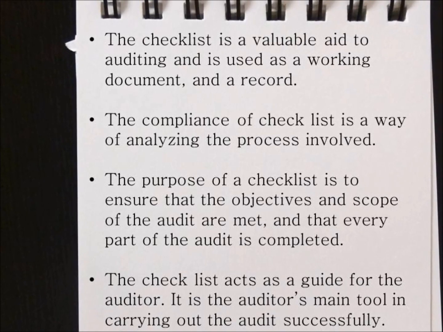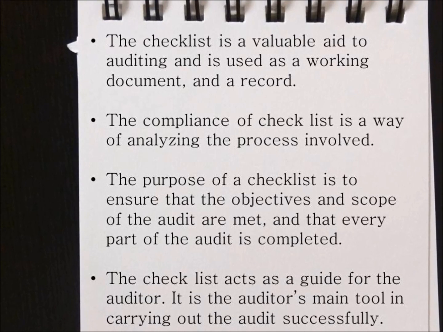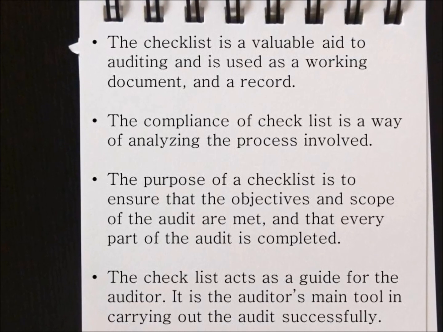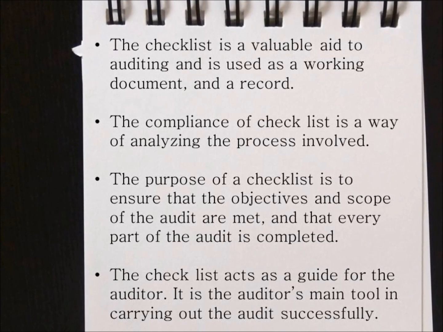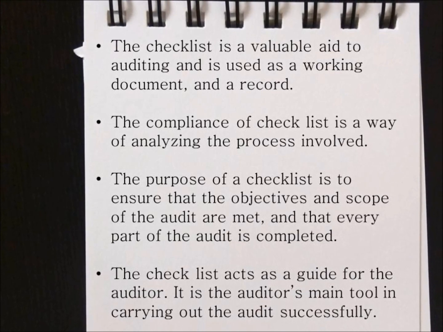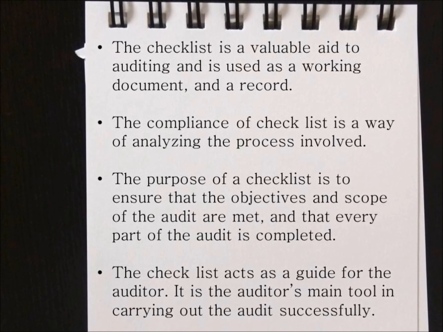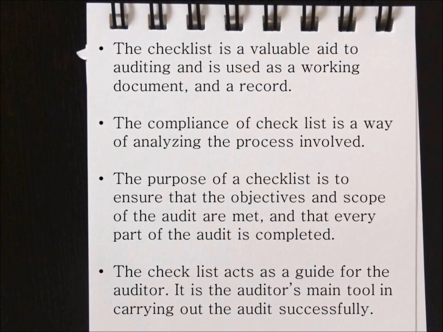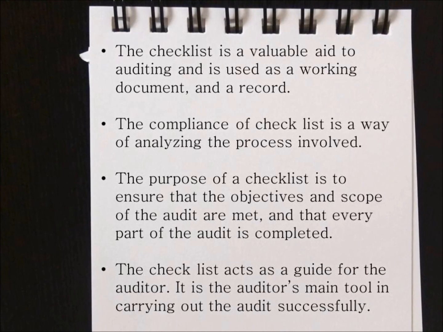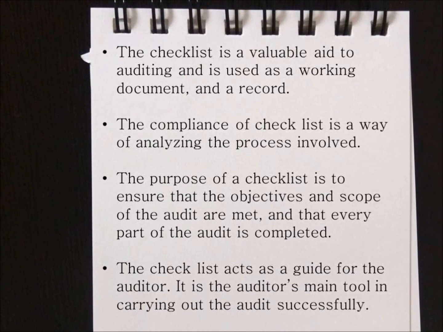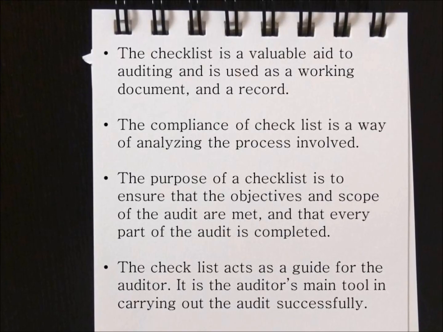The compliance of the checklist is a way of analyzing the process involved. The purpose of a checklist is to ensure that the objectives and scope of the audit are met, and that every part of the audit is completed. The checklist acts as a guide for the auditor. It is the auditor's main tool in carrying out the audit successfully.